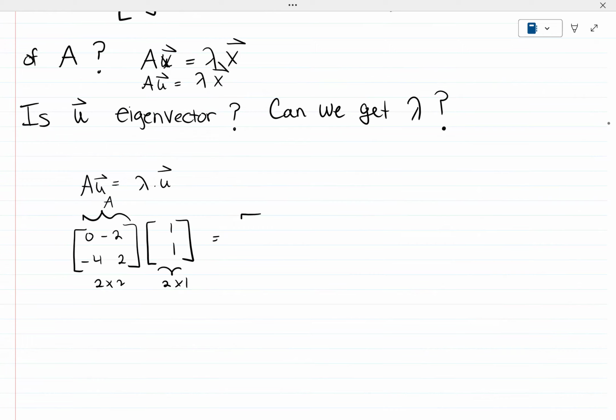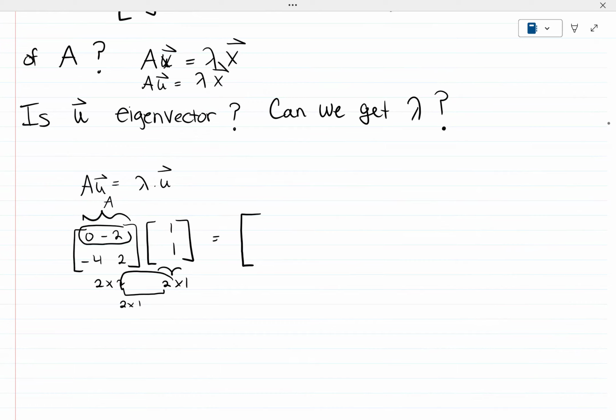Does that equal lambda times u? Let's do it. Can we multiply these two matrices? Yes. This is a 2 by 2 and this is a 2 by 1. As long as these two numbers are the same, we're good, and the result should be a 2 by 1. You should know how to multiply matrices, so I'm not going to review that.